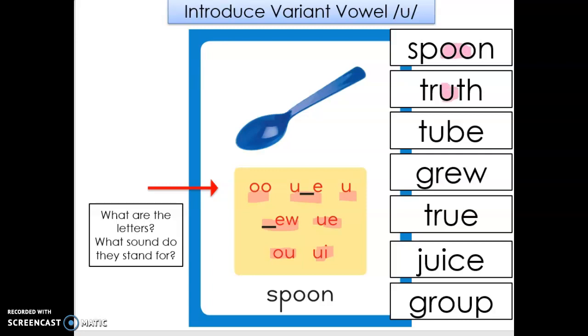We have U like in the word truth. We have U blank E like in the word tube. We have EW like in the word grew. UE like in the word true. UI like in the word juice. And OU like in the word group. So lots of spellings for our OO sound.